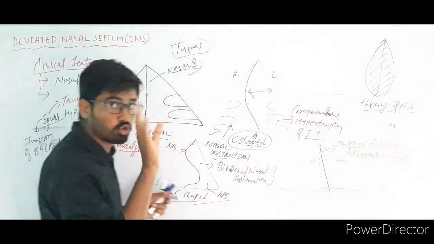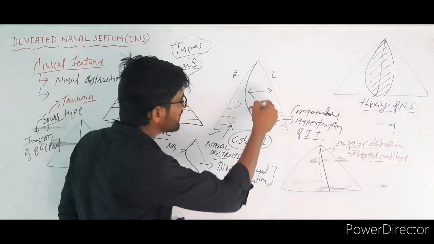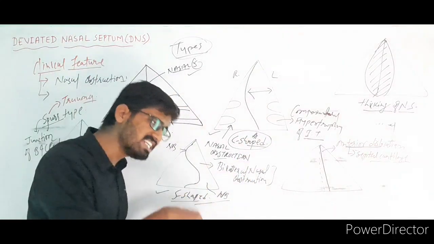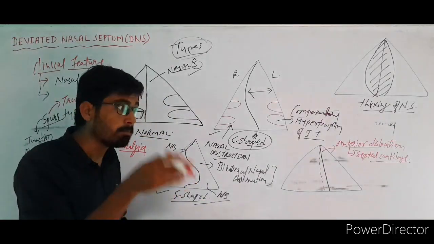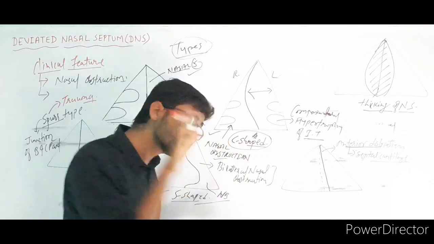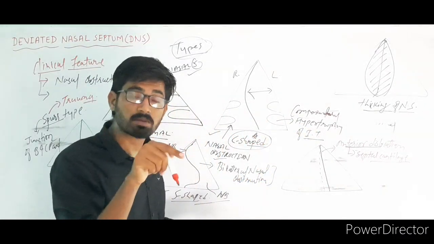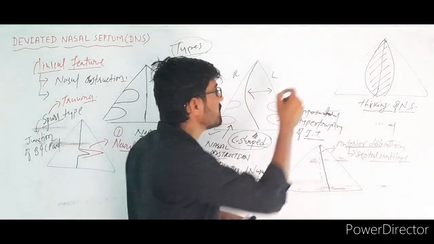Now you tell me one thing. If this is a deviated nasal septum, it may be deviated to the right side or left side, that doesn't matter. But it is going and giving pressure on the lateral wall. You know all the openings are present in the lateral wall. What are the openings?